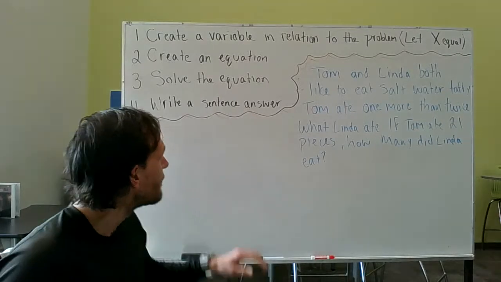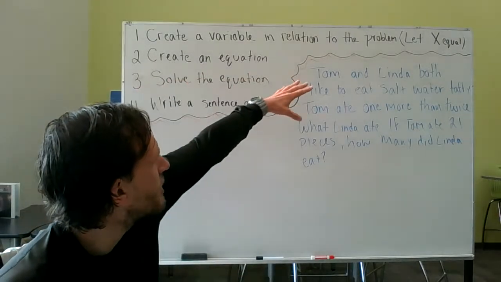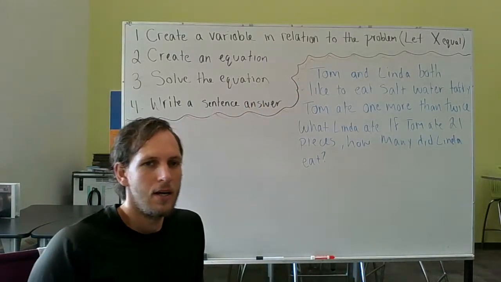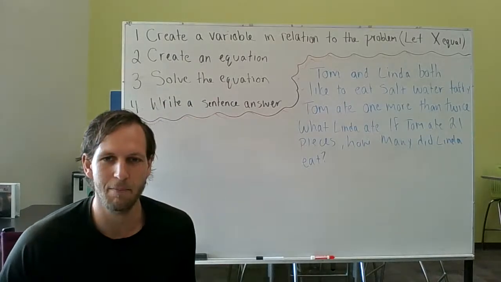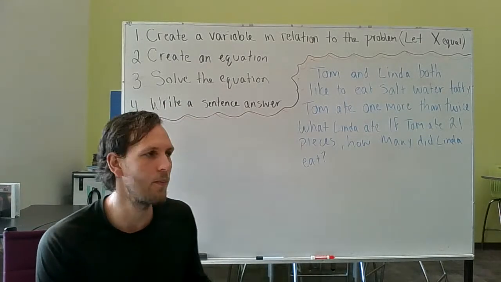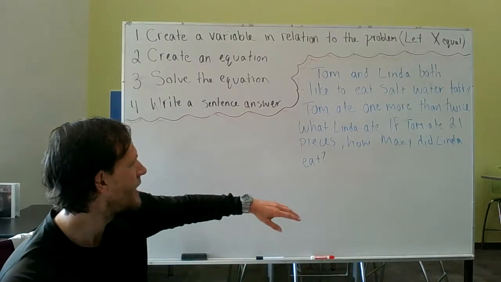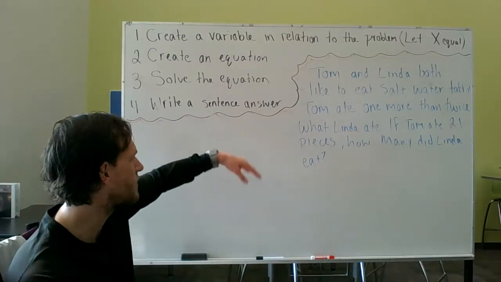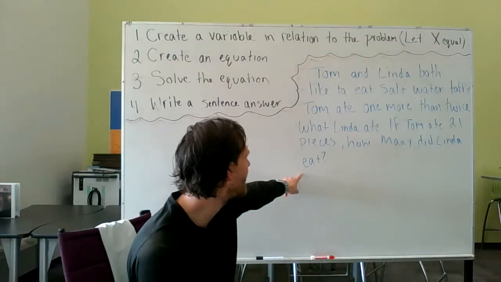First step is create a variable in relation to the problem. So let x equal. We need to figure out what we do not know. A little tip for you is typically what we do not know is given at the end of the story here. In this case, how many did Linda eat?